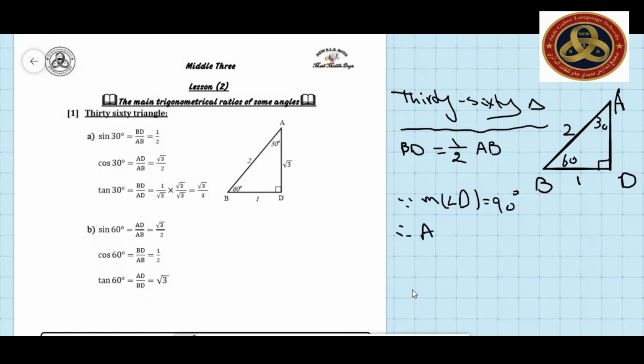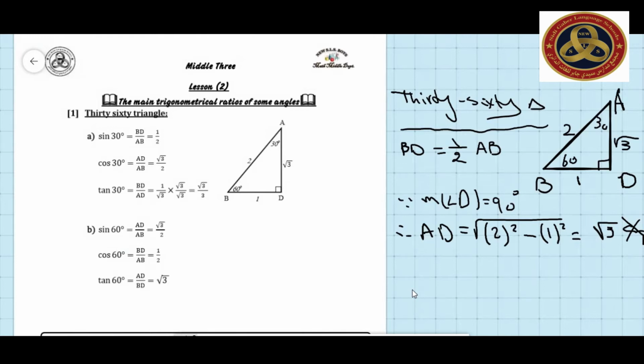Therefore, AD, which is the smaller side, equals the square root of the hypotenuse power 2 minus the other side power 2. If I calculate it using the calculator, I get root 3. So this side will have the ratio root 3. And can I write centimeter? We cannot write centimeter. Why? Because this is a ratio.